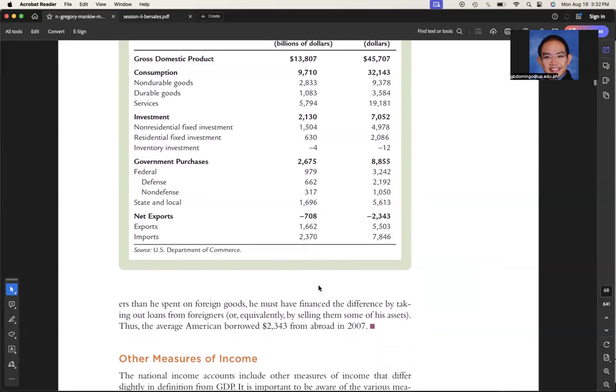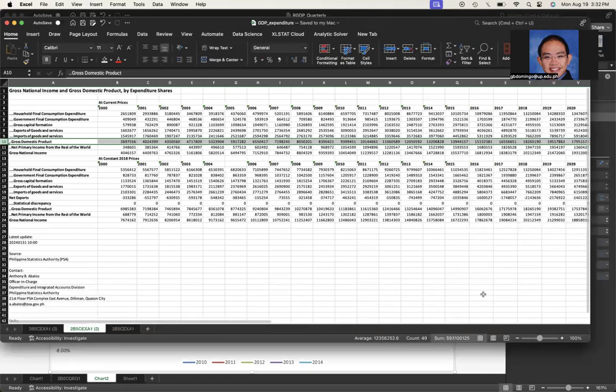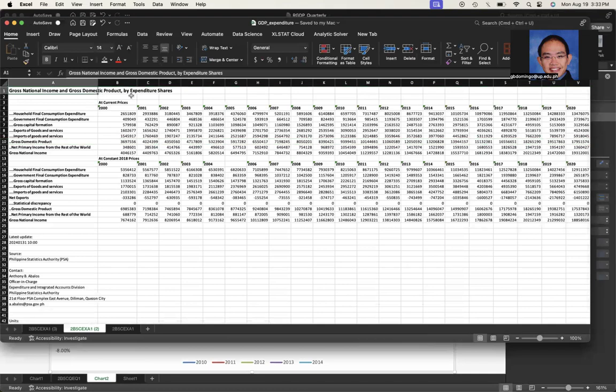Now I want to move to the Philippine case quite briefly. So at OpenStat, you can download this version of GDP. Notice that this is gross national income and gross domestic product by expenditure shares. So since it's expenditure shares, it will have the following lines.